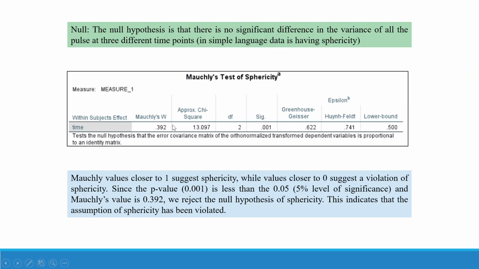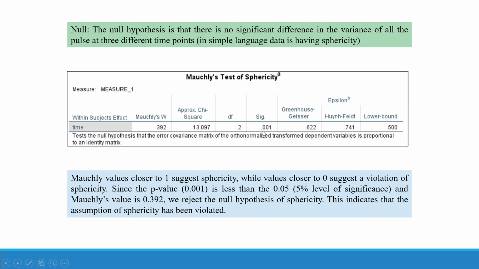See the Mauchly's value, it is 0.392, and see the significant value, it is 0.001. Now Mauchly's value close to 1 suggests sphericity, while values closer to 0 suggest a violation of sphericity.